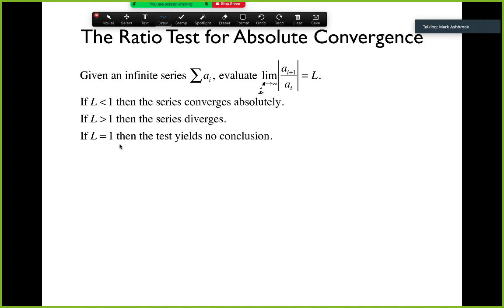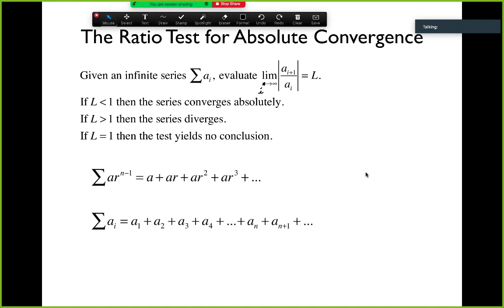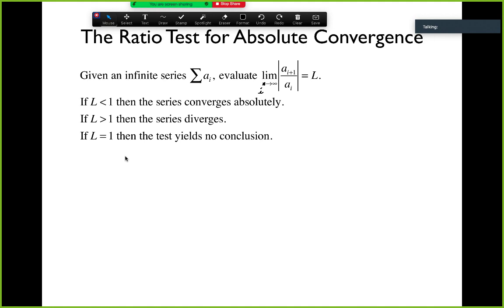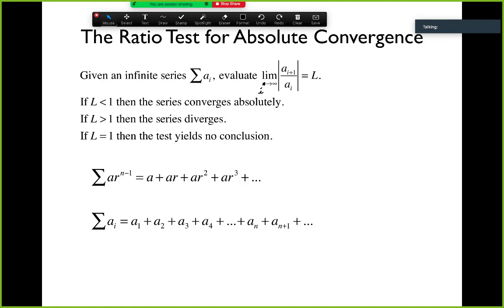Okay, so before we get into the rules, let's talk about what's going on here. So this is important. Remember the geometric series, a r to the i minus 1.